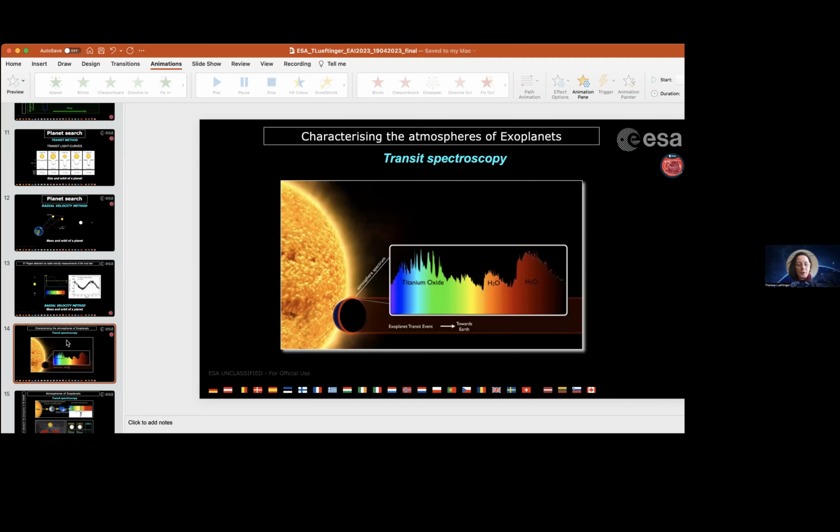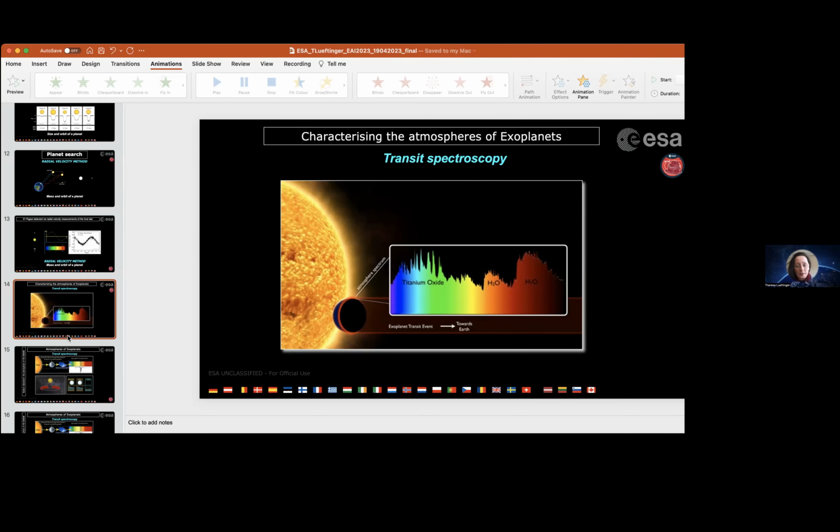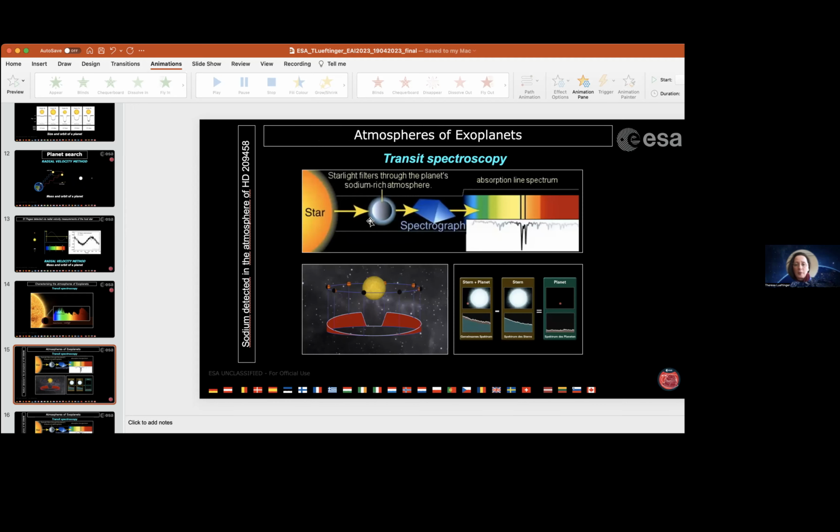What we take advantage of in this method is that when the planet crosses the star, there is always a certain phase where the stellar light is shining through the planetary atmosphere. We again use a spectrograph that is measuring the spectrum in a way where, at different wavelengths, we can detect the different lines that can be attributed to a certain chemical species.